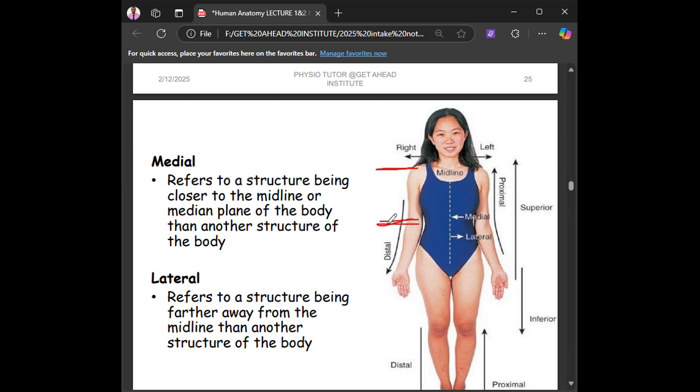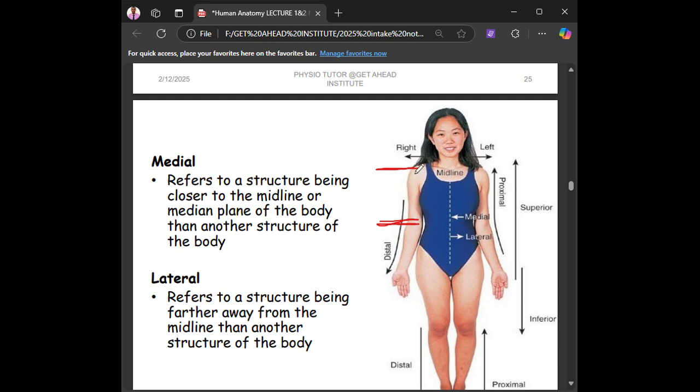The bone that is here is known as the humerus. So this humerus, its root is considered to be here because this is where it is attached.